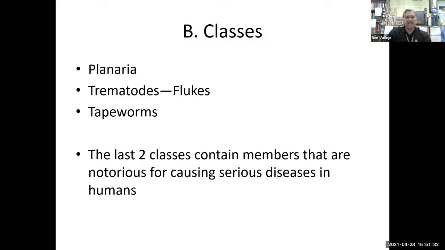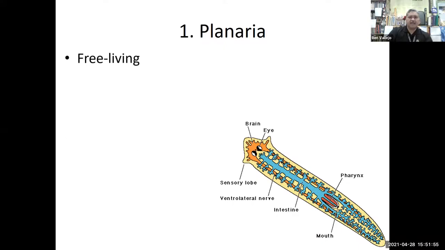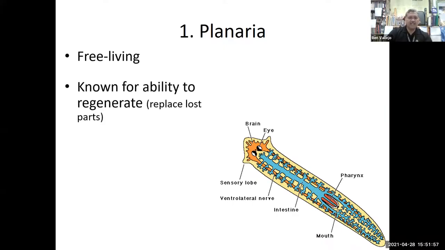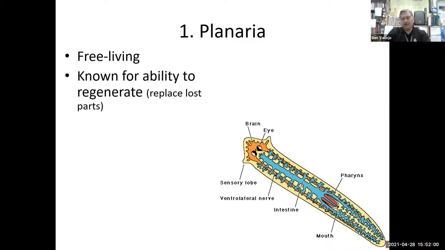The Chinese liver fluke is a trematode, and tapeworms cause havoc in the digestive system of people all throughout the world. Not just people, but tapeworms can be found in pigs, in livestock in general.